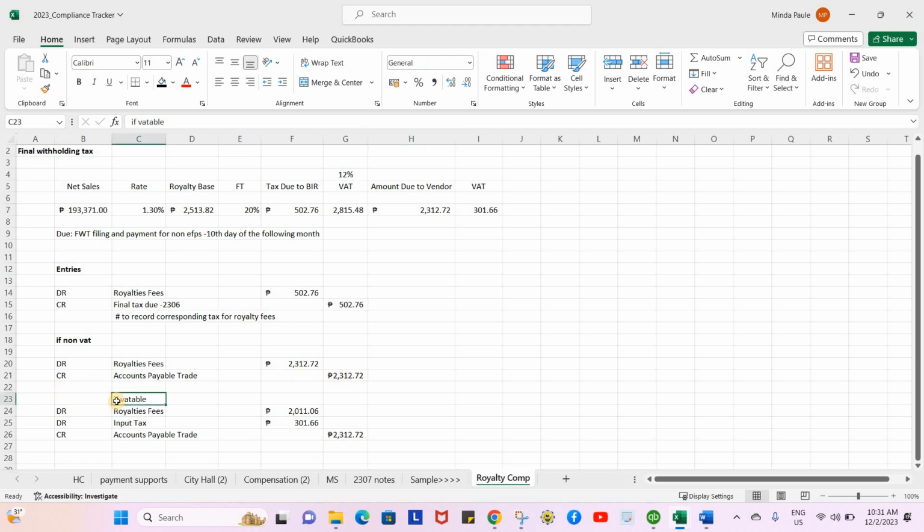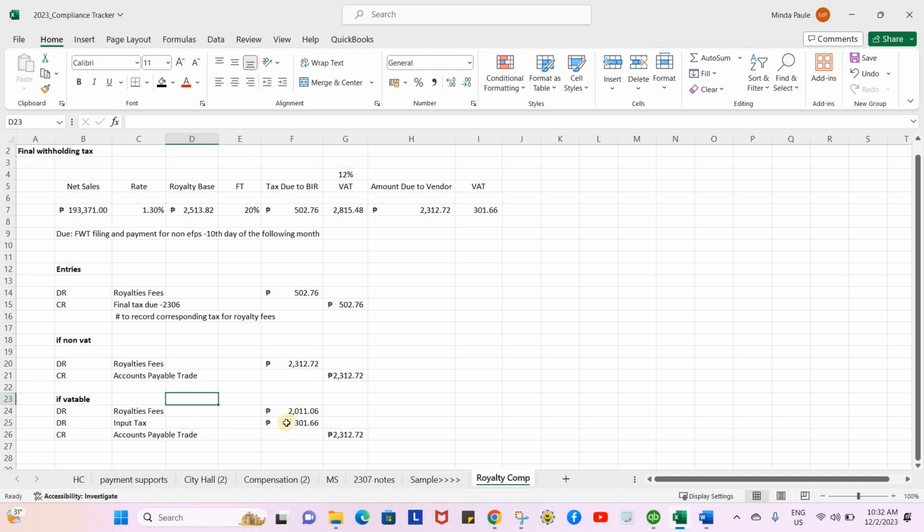However, if VAT ka naman, di ba? You have to, of course, obtain yung input tax naman ng kinuha niyang output tax sa'yo. So, sa case na to, instead na ang i-debit mo amount would be the difference, yung 2312.72, ililess mo yung 301.66.